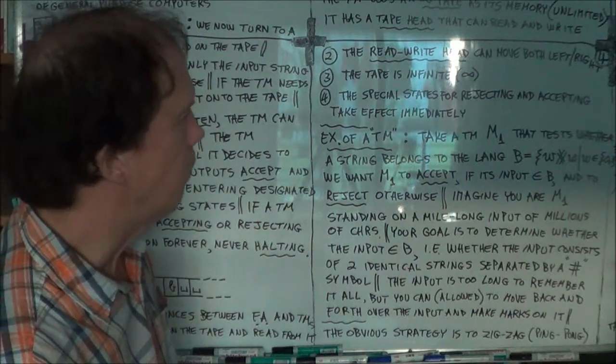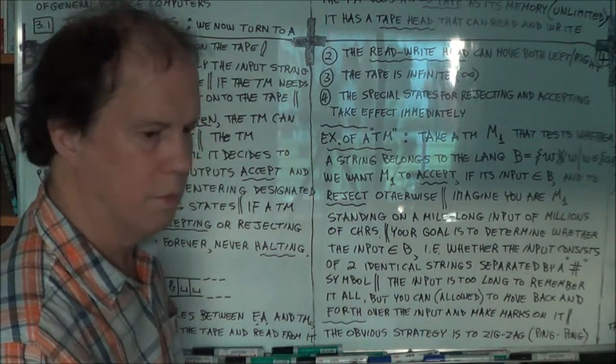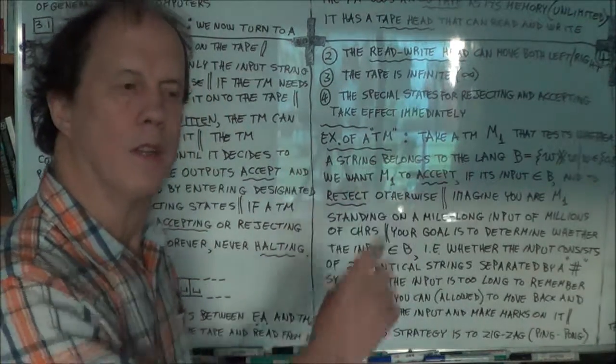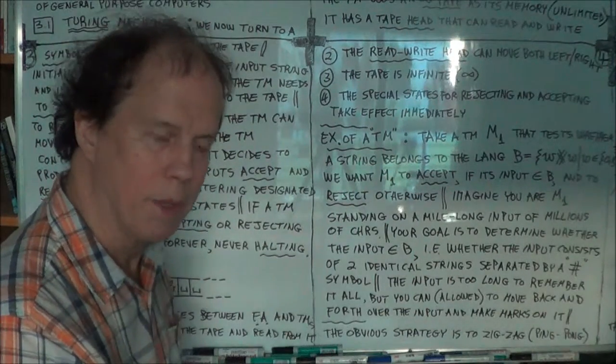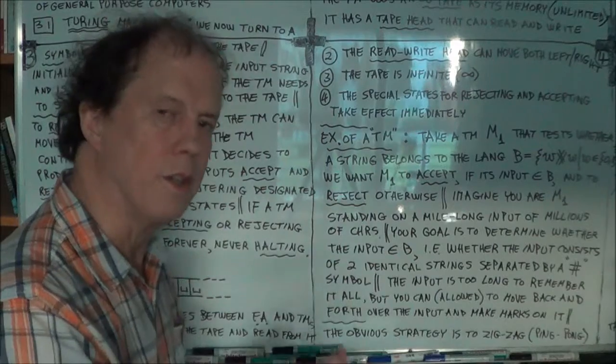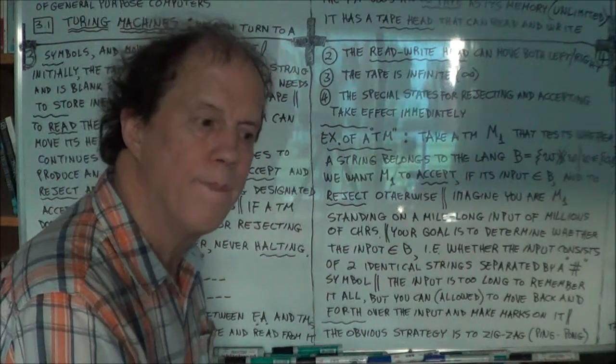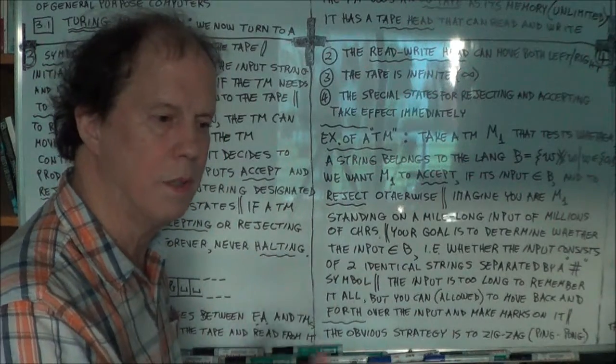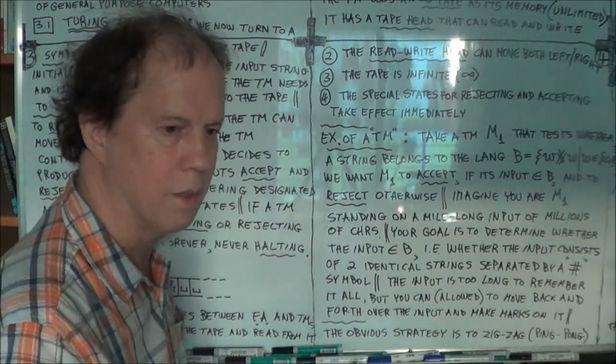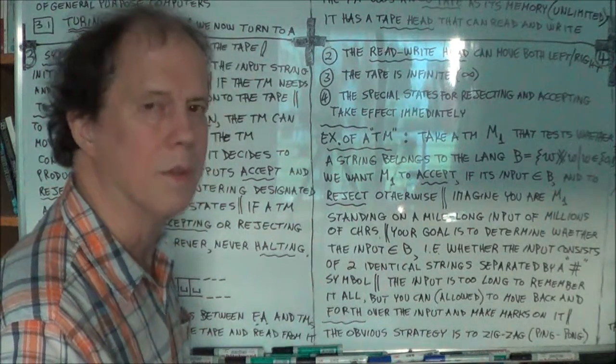When the TM goes into the state reject or the state accept, as soon as it does that, it stops working. That's it. It halts. It doesn't continue doing other things the way the previous automata were doing.